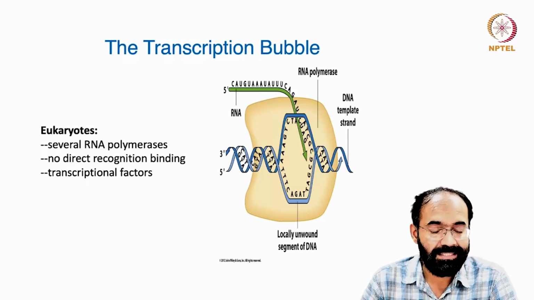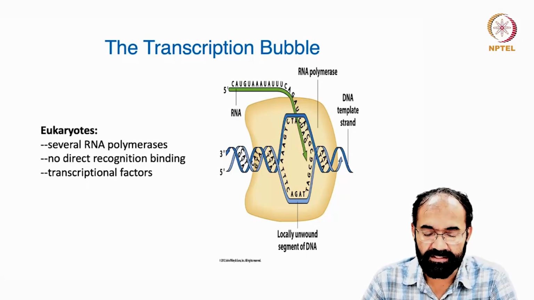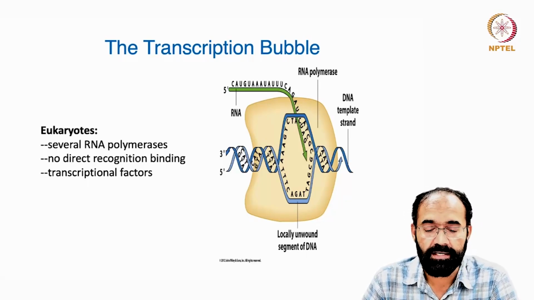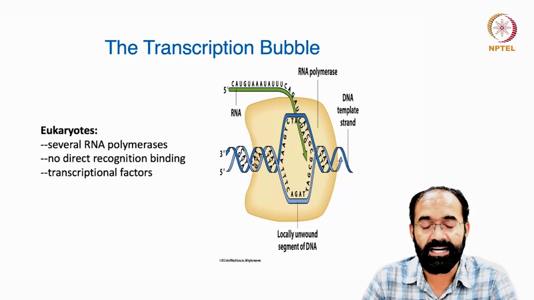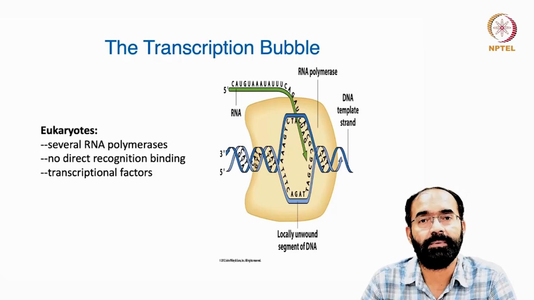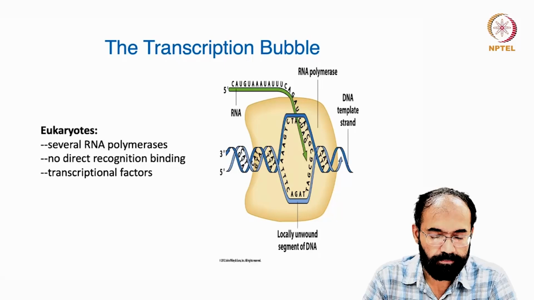We can call them general transcription factors or specific transcription factors. Both come into action for eukaryotic transcription, but the transcription bubble remains the same, though the number of proteins participating is more than in prokaryotes.